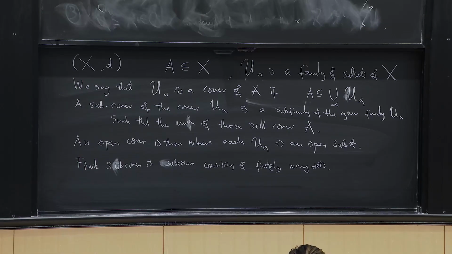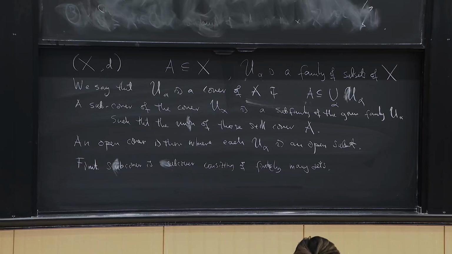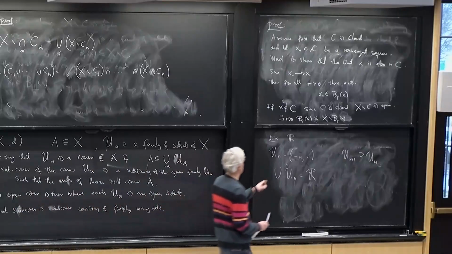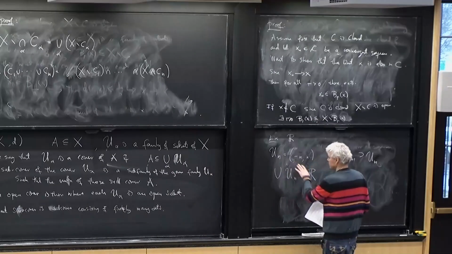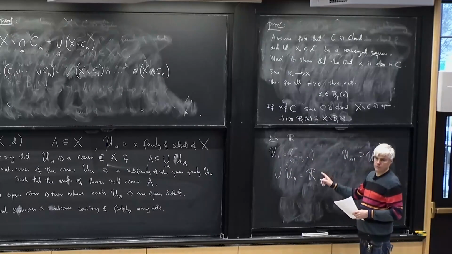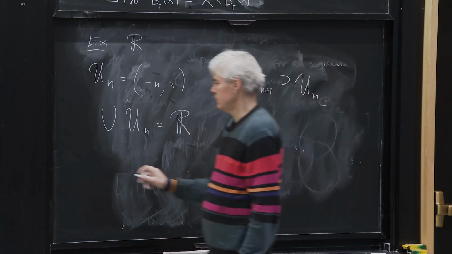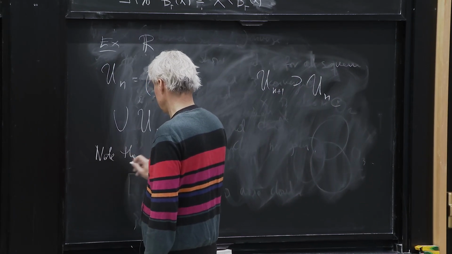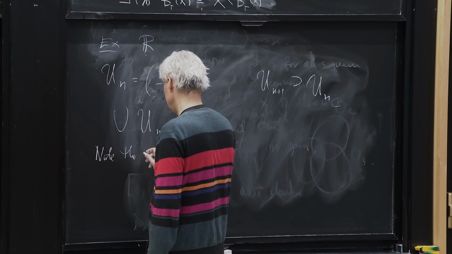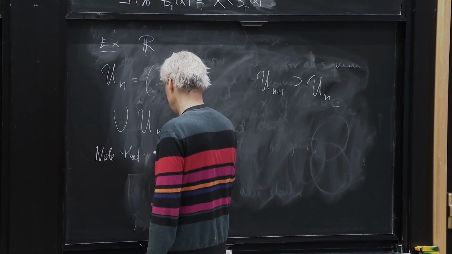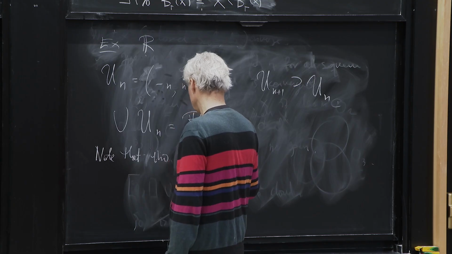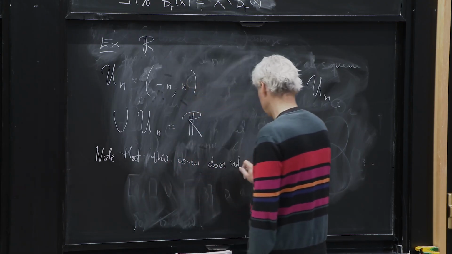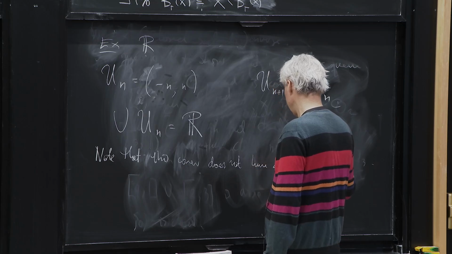And so now this leads to, again in this example on R, where this here is a cover, note that this particular cover does not have a finite subcover.